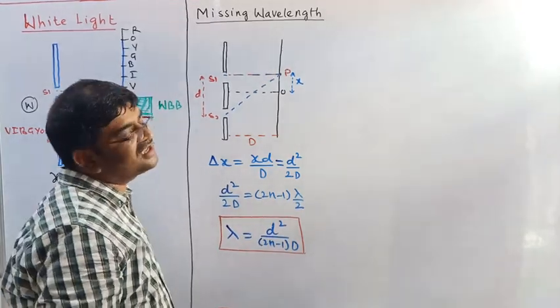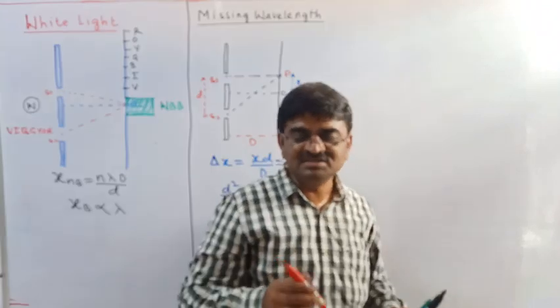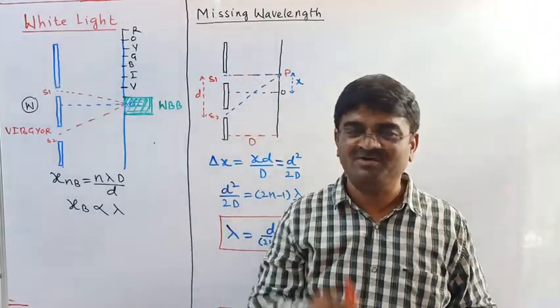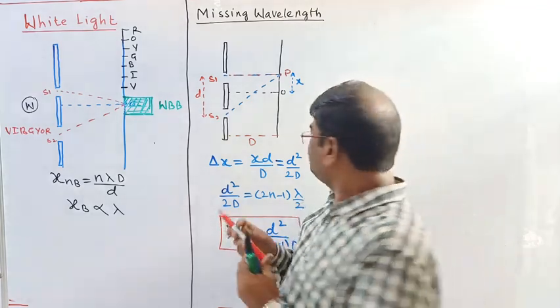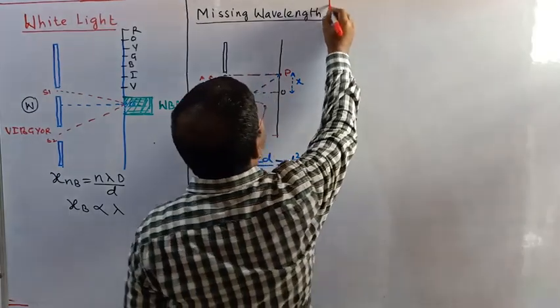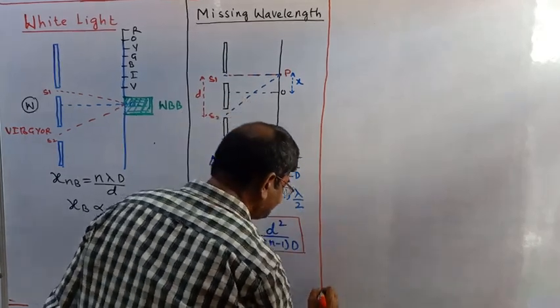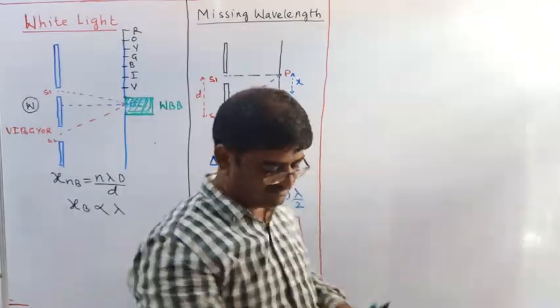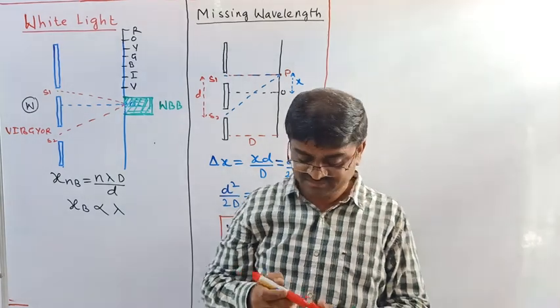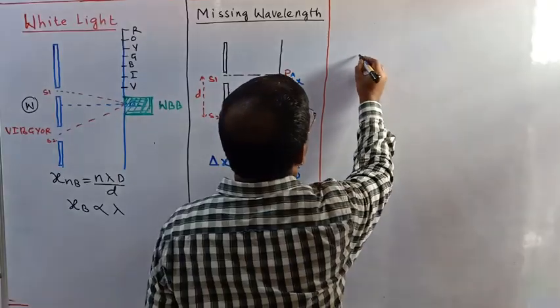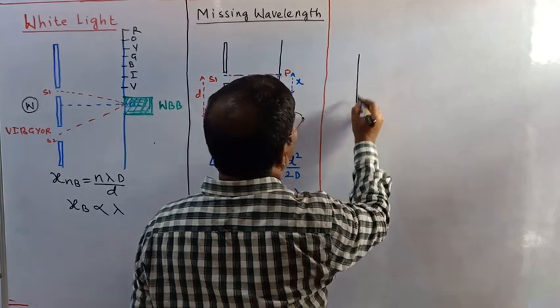In this way, I can work out missing wavelengths in front of one of the slits. Important. After this, let us go ahead with the next concept. And the concept is, say, again a YDSE setup I have got.